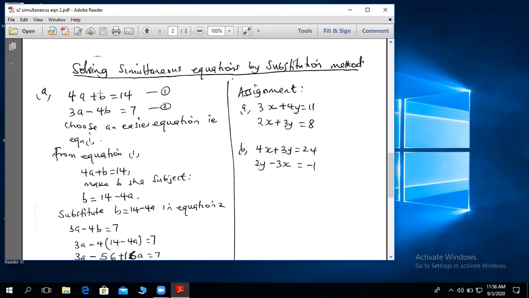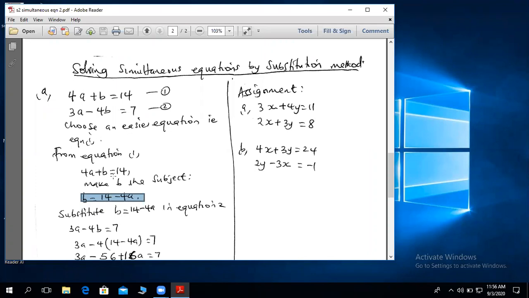That is very important. So my b is equal to 14 minus 4a.